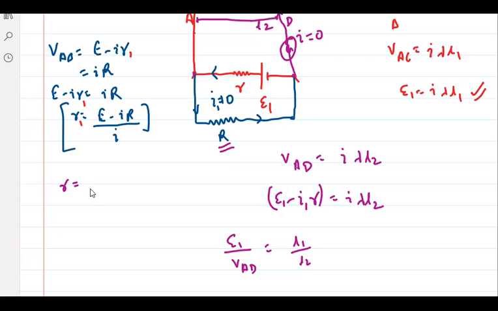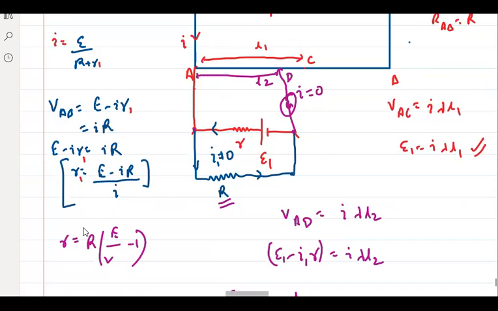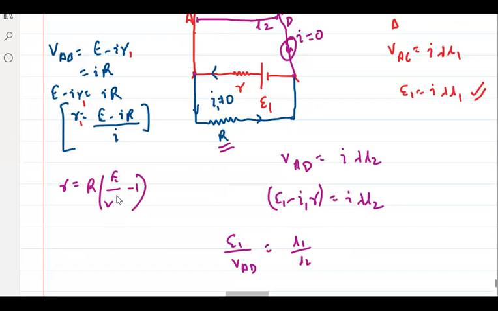Basically r is equal to R into (E by V minus 1). If you substitute the value of I, which is E by R plus r, you will get this value of r. Yes or no? You substitute the value of I, you will get this only, right? Got it?